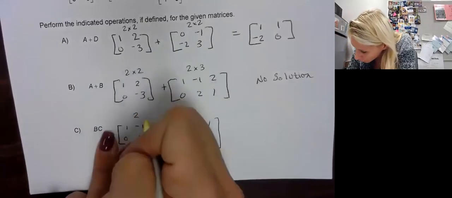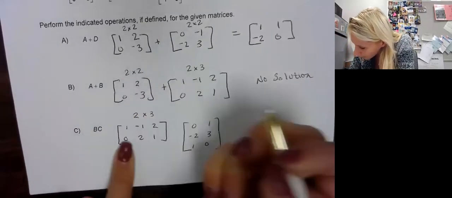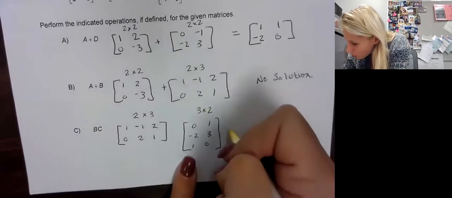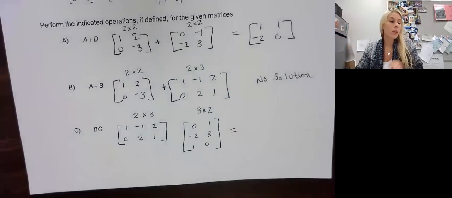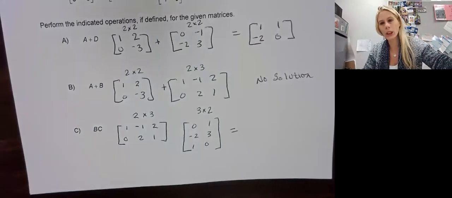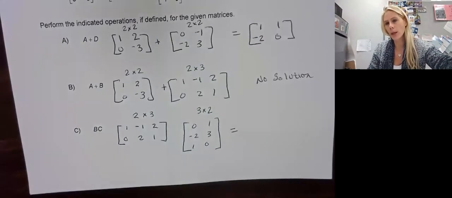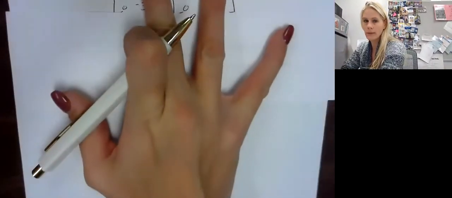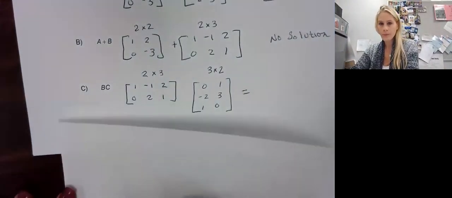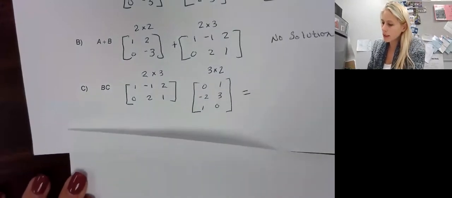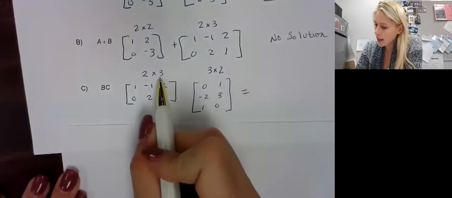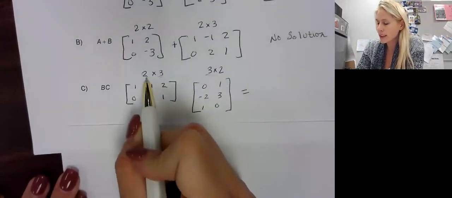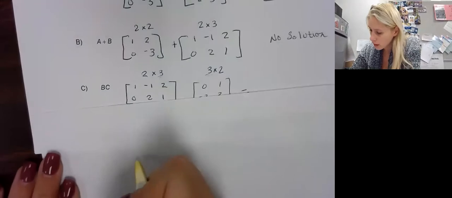This is a 2 by 3, and this is a 3 by 2. So we can do it. What I am going to do is, on another sheet of paper, do my work just to make sure that I do all of this correctly. Okay. The good thing is, knowing that these two are equal, I know my new matrix is a 2 by 2.